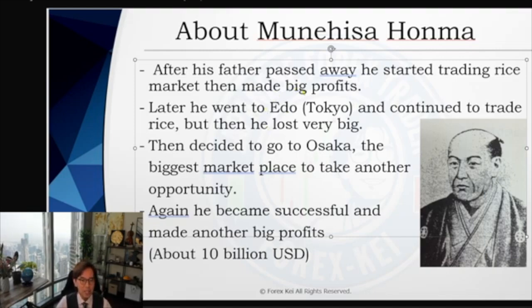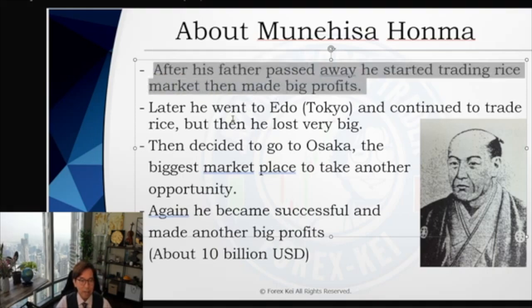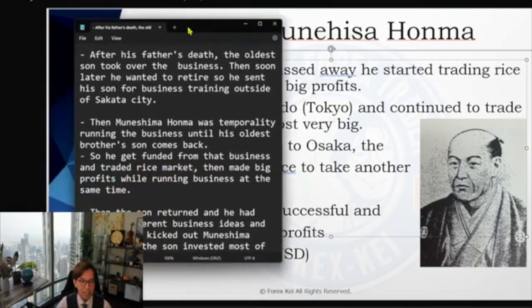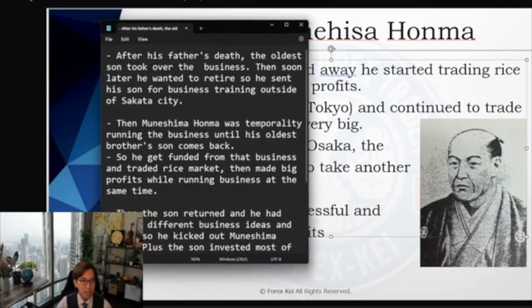But to dig deeper, this is a kind of struggle history of him, and I think this is interesting for everyone to also think about. So I took a memo also besides this slide. After his father's death, the oldest son took over the business.